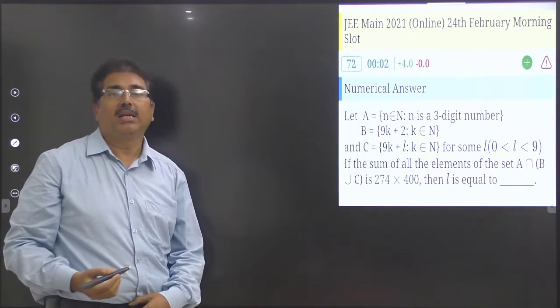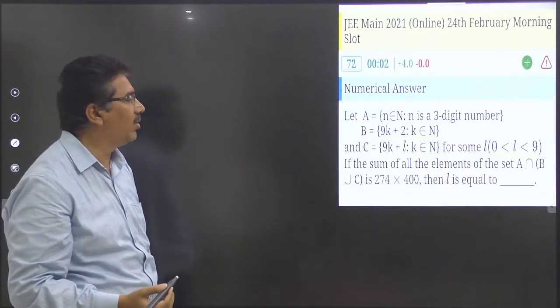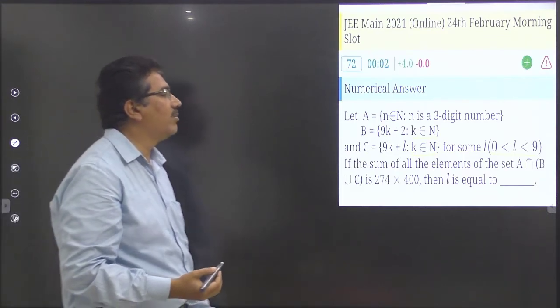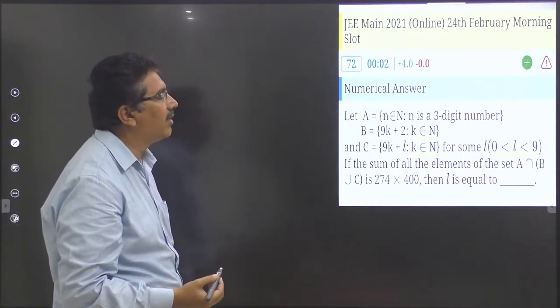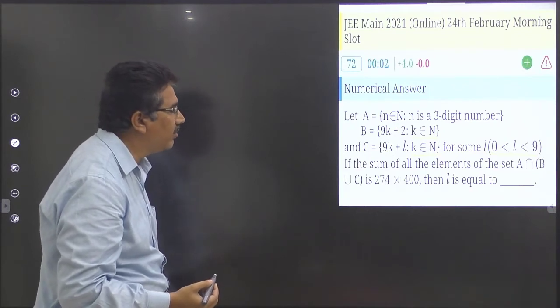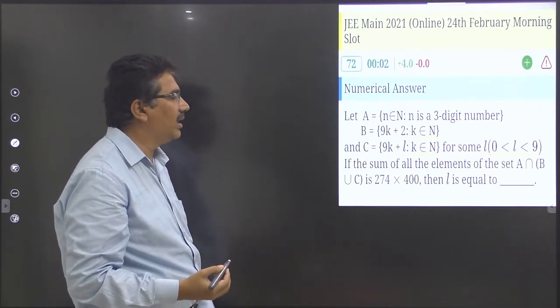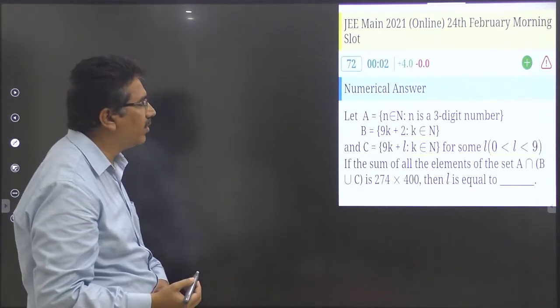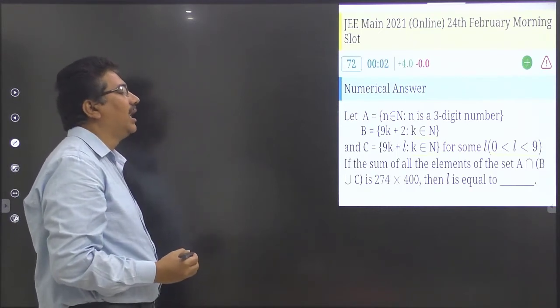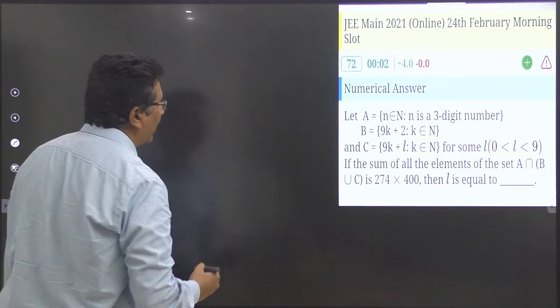Observe that L lies between 0 and 9. If the sum of all the elements of the set A intersection B union C is equal to 274 into 400, then L is equal to?